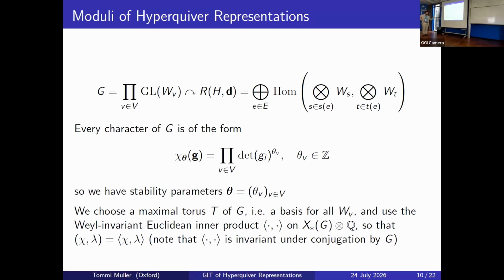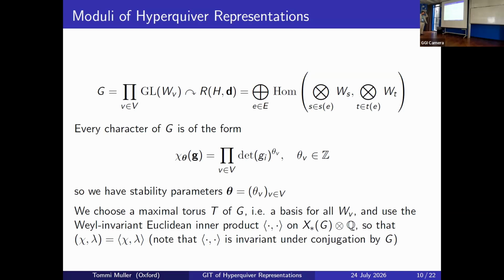For this talk, we can keep things simple and choose the Euclidean inner product, so that the pairing of pi and lambda agrees with the inner product of pi and lambda seen as elements beyond. Note that the inner product is G-conjugation invariant, so it doesn't actually depend on the basis. If you want to know the value of the inner product, you just pick a basis, do the Euclidean inner product, and it's the same no matter what basis you choose.